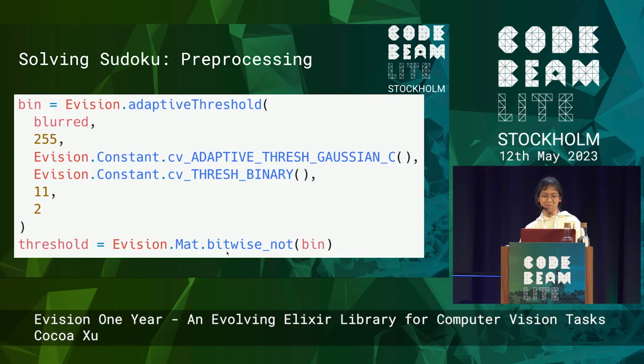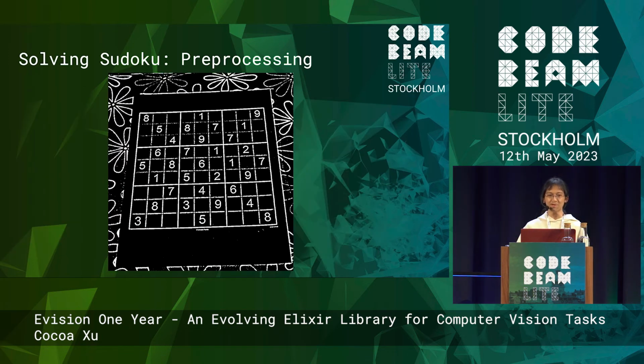The reason why we need to do this bitwise not is because the training set we will use later is the MNIST data set, so the digits are in white color and the background is black. So we just need to do that step so that we can get this image here. And from here, maybe you can see what we are going to do next.